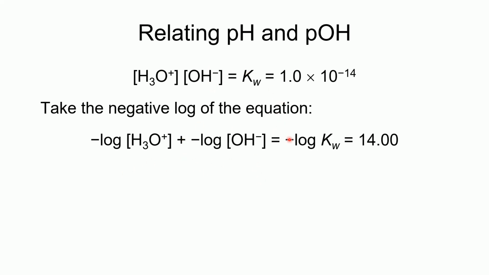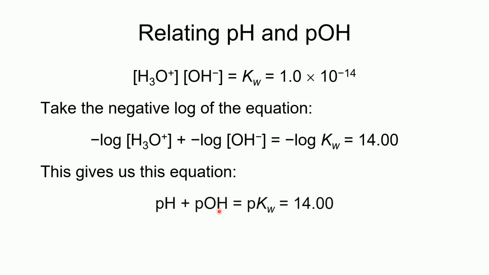We'll have the negative log of Kw, which is pKw, and then the negative log of 1.0 times 10 to the negative 14, and that gives us 14. So, like I said, this is pKw, this is pH, and this is pOH. So that gives us pH plus pOH is equal to pKw, and pKw is equal to 14.